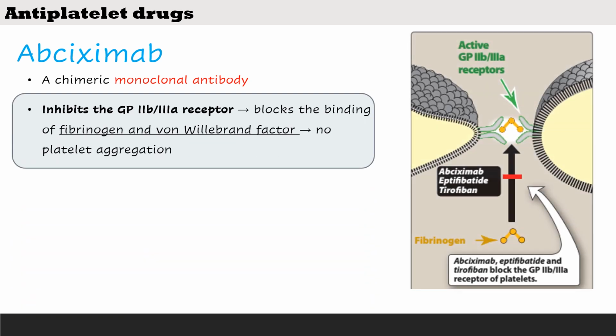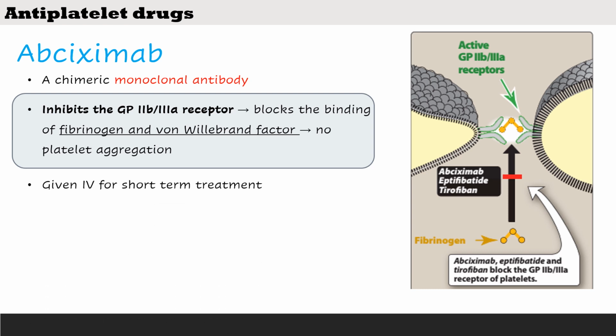Okay, the third class of drug that we'll look at is abciximab. It is a monoclonal antibody, and how it works is it inhibits the GP2B3A receptor. So once this receptor is blocked, you will prevent the ligands of the receptor from binding to it. The ligands are fibrinogen and von Willebrand factor. So when the ligand cannot bind to the receptor, there won't be any platelet aggregation.